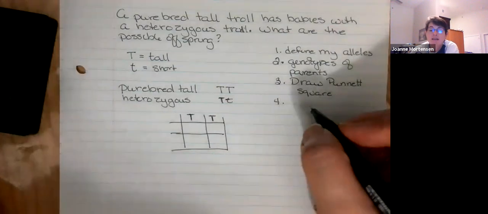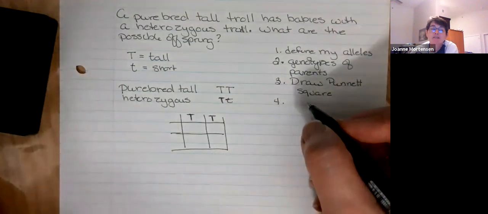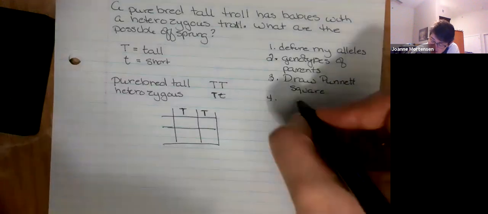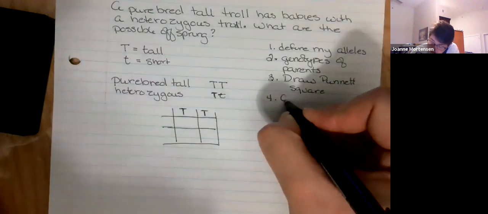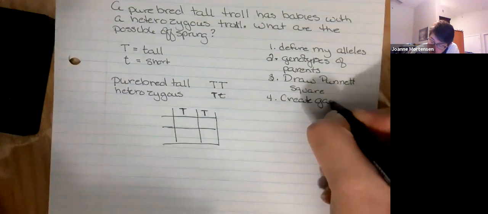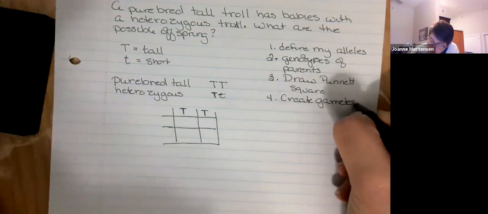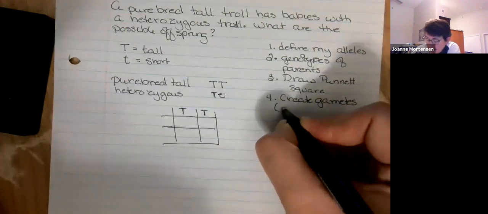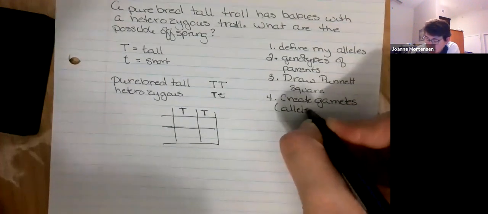So we need, what's the word I want to use? Segregation of the chromosomes. I think I'm just going to write create gametes. But in the back, I'm going to say the alleles split.